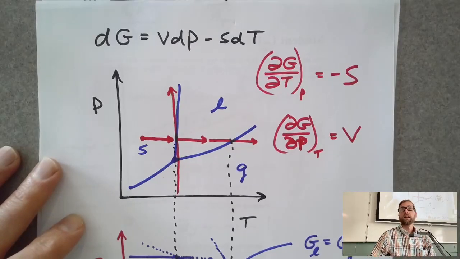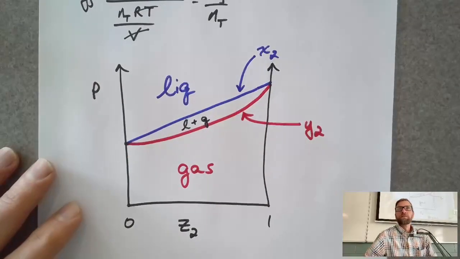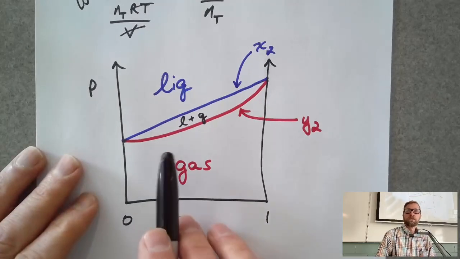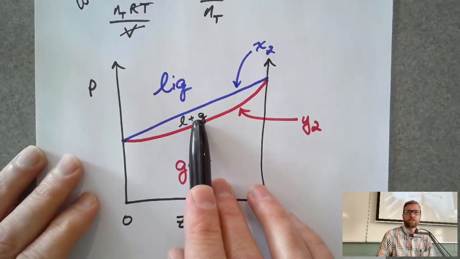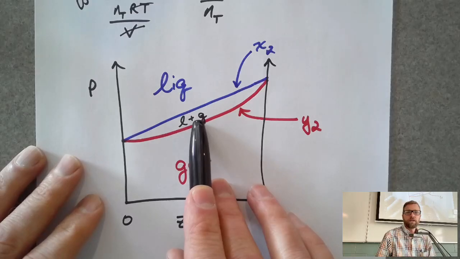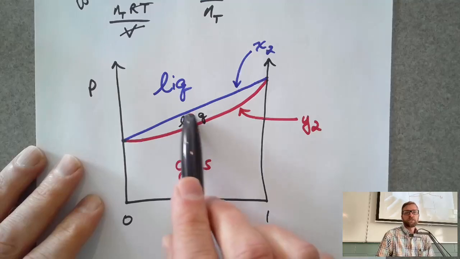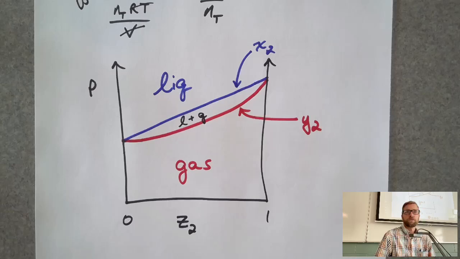There are lines on the phase diagram where you can have two phases. With the two-component and multi-component mixtures, there are regions where you can have biphasic mixtures, right? So there's a range of pressures over which you can have your liquid and your gas present.